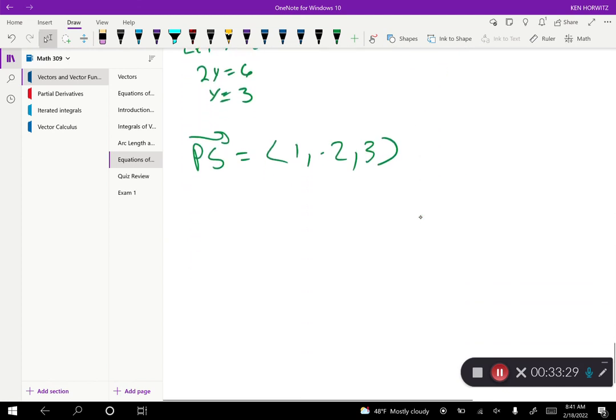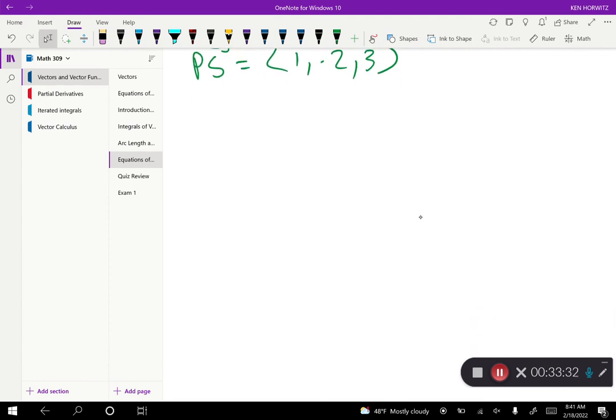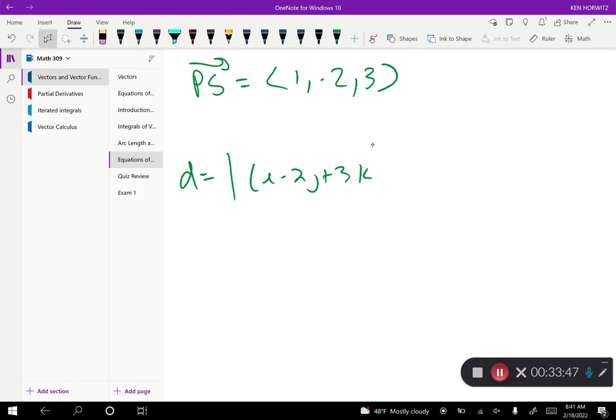Okay. So I'm just going to set up my dot product right away. So I'm going to say D equals absolute value i minus 2j plus 3k, right? Because that's my vector PS.